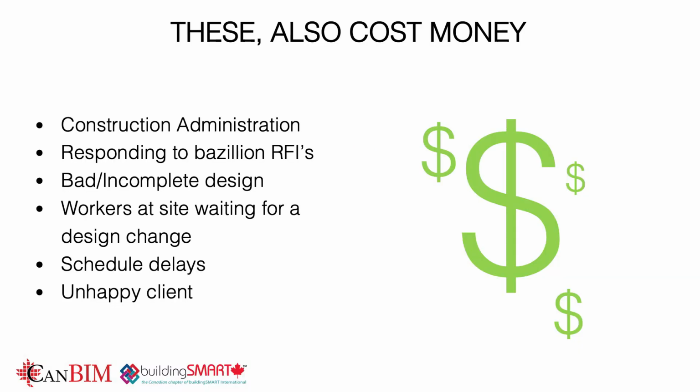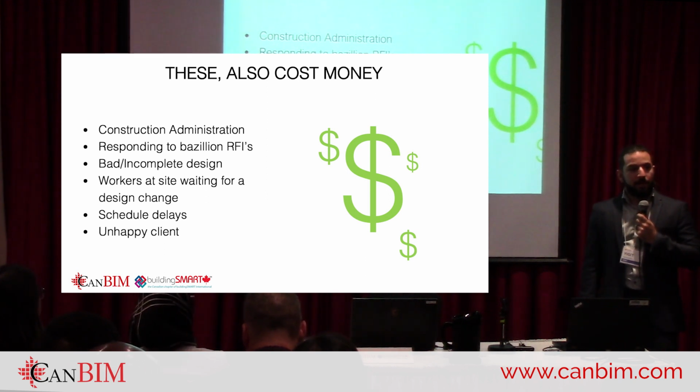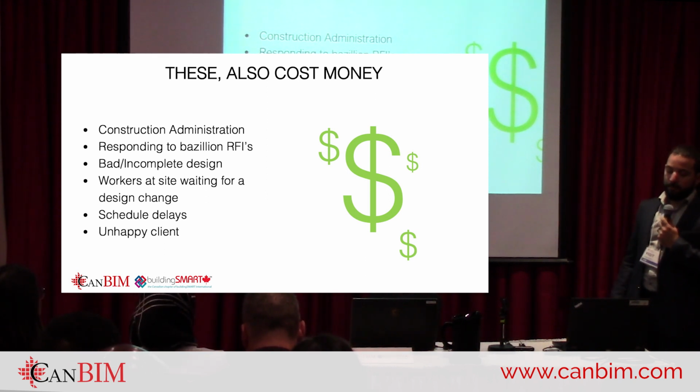But these are the things that happen when you don't do clash detection. They also cost money. Things like construction administration, which you are contracted to do in many projects. Responding to a bazillion RFIs is going to take a lot of time from your project managers, designers, architects, engineers.